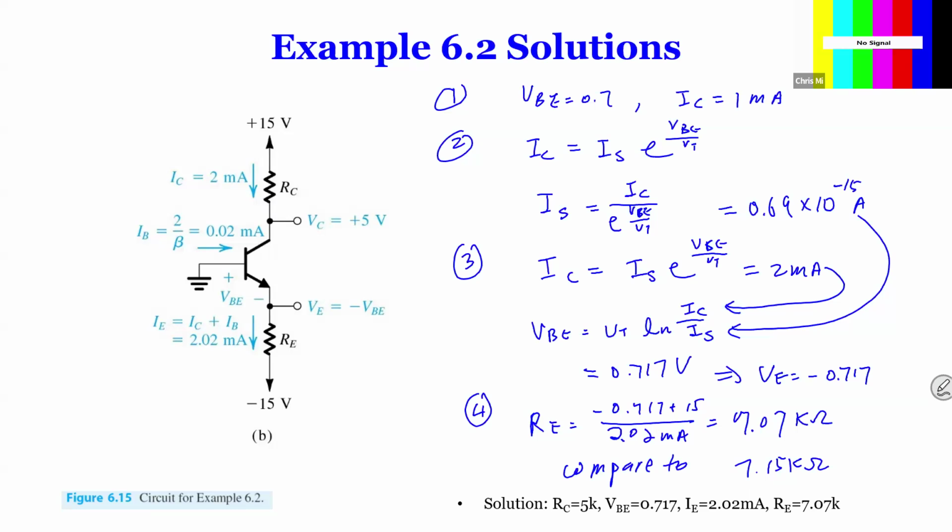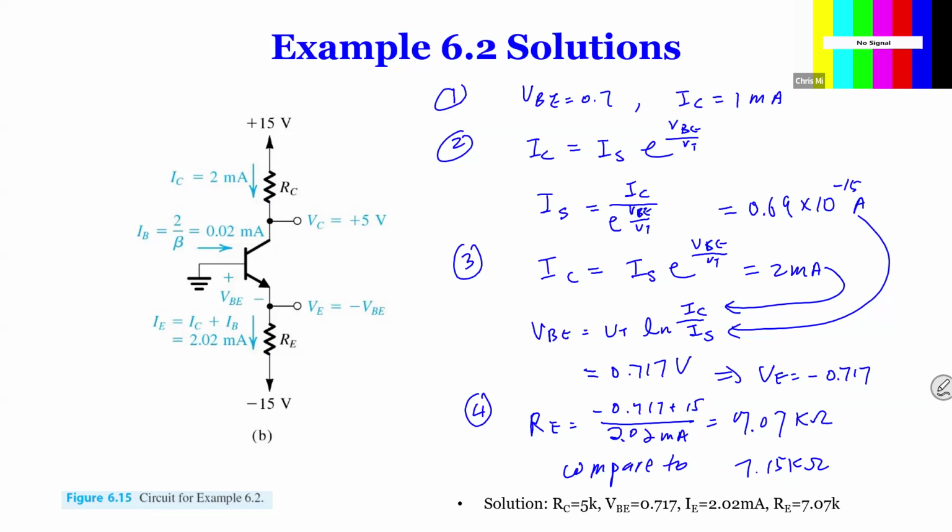Last week we had example 6.2, where we calculated the current and also designed the resistance RE based on the given conditions. Remember, what was given was VB is 0.7 volts and current is 1 milliamp.